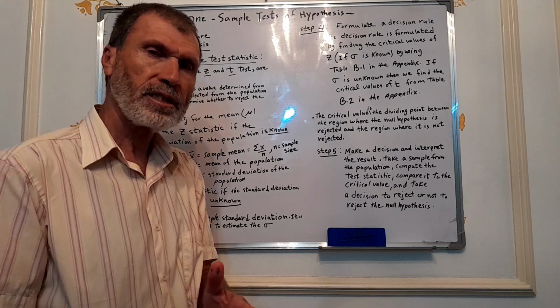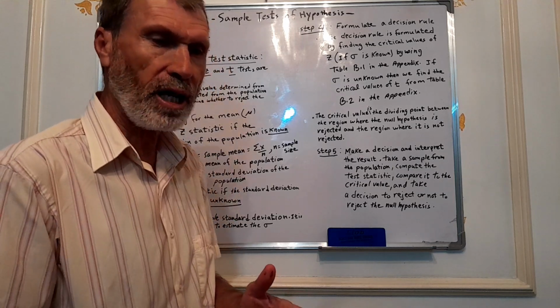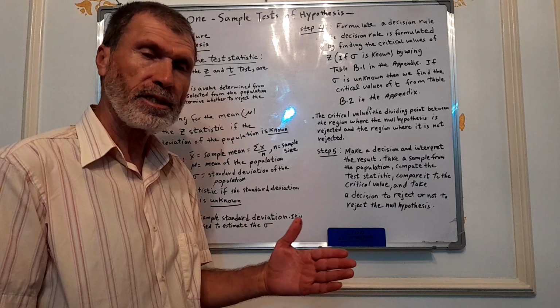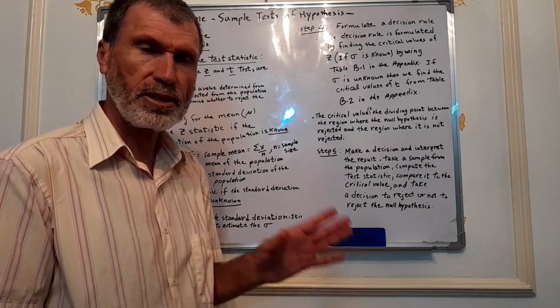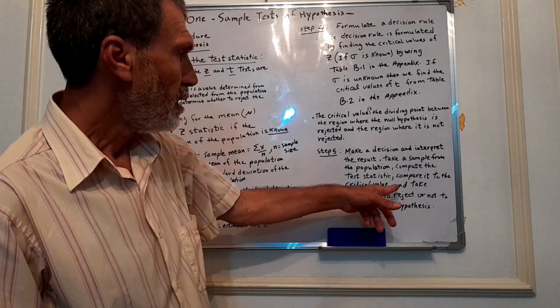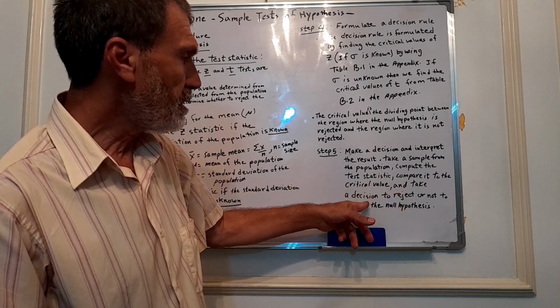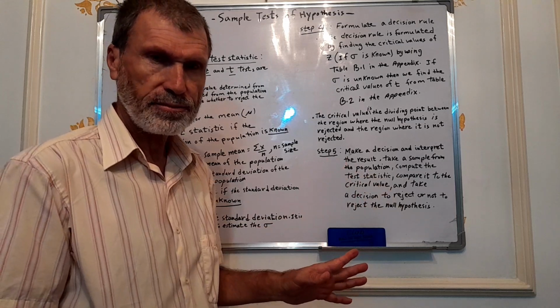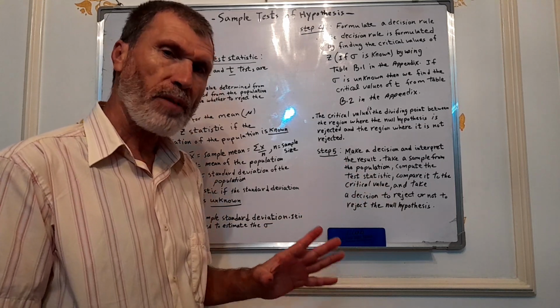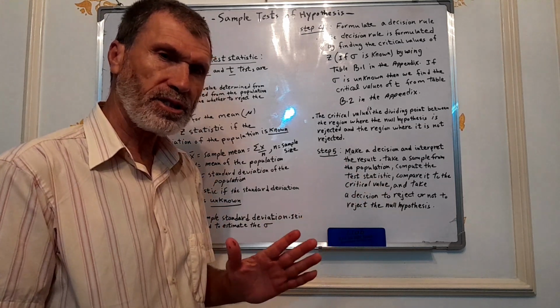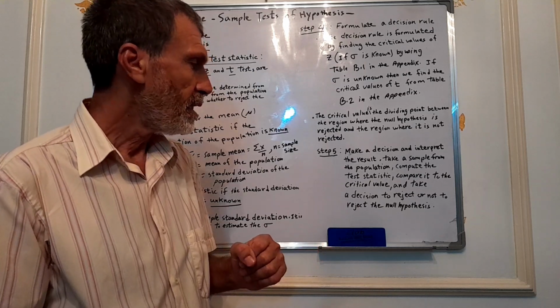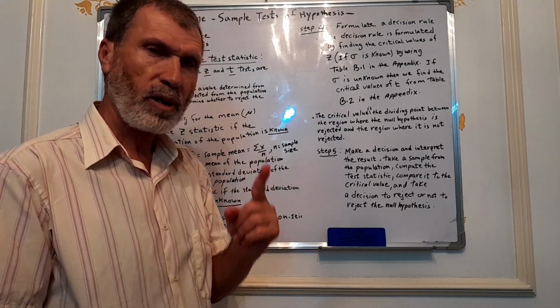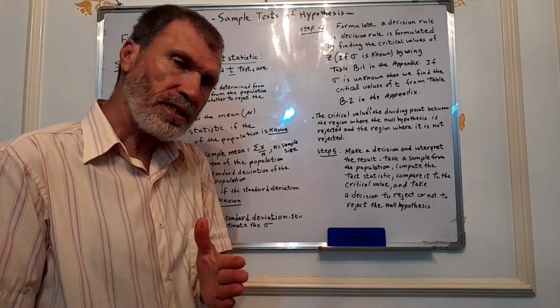And if it is smaller than the critical value, as we will see later, then it is in the acceptance region. And take a decision to reject or not to reject the null hypothesis. Remember, in hypothesis testing, one decision is possible, either to reject or to accept.